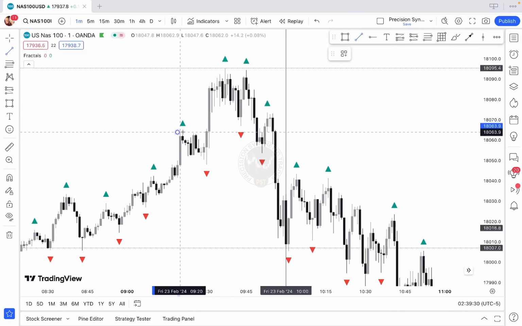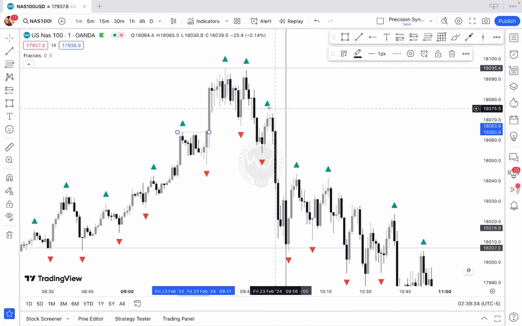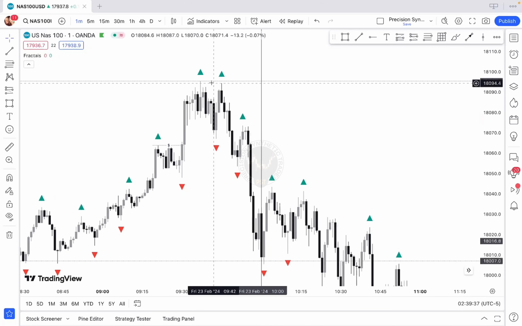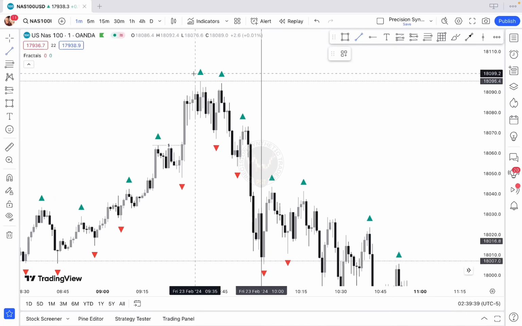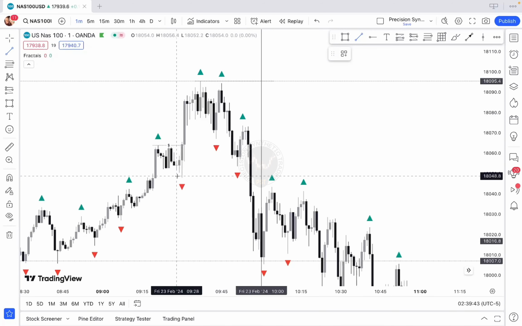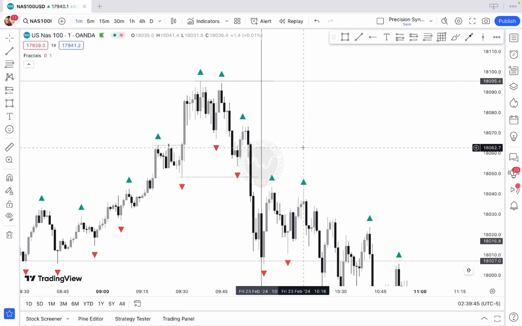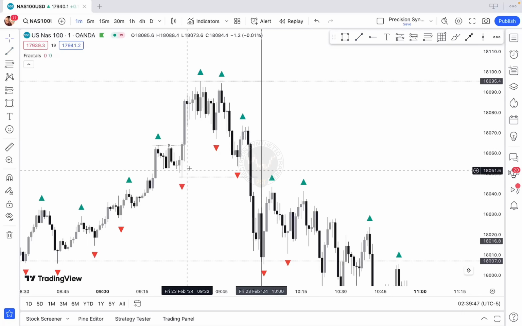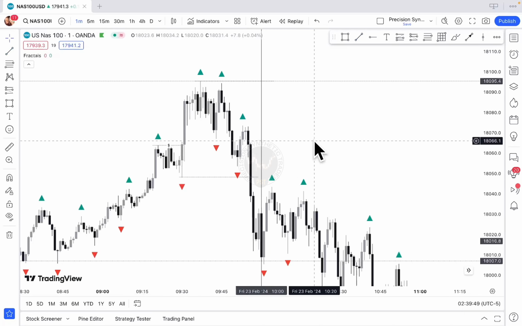Here, liquidity was swept before 10. This high was created. This low was created. So everything in this leg is going to be internal structure.